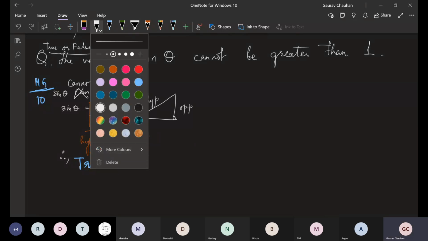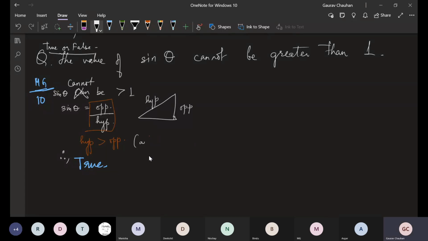You can write here: as denominator is always larger than numerator, the fraction will never be greater than 1.